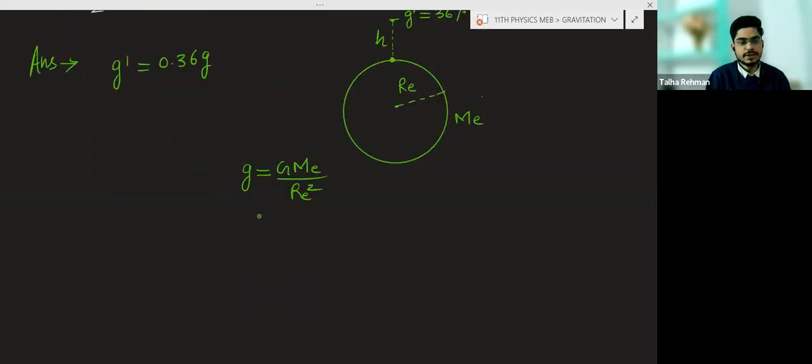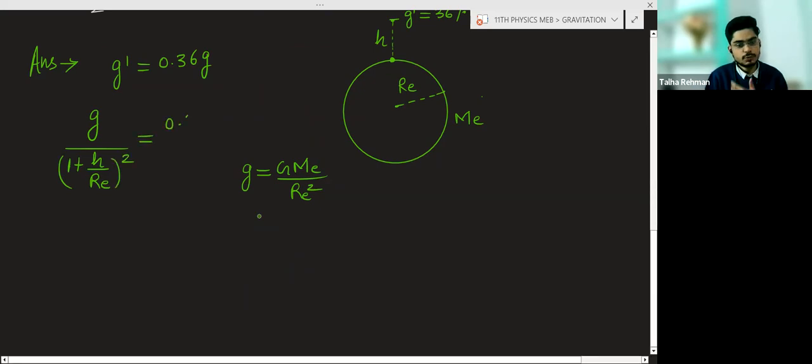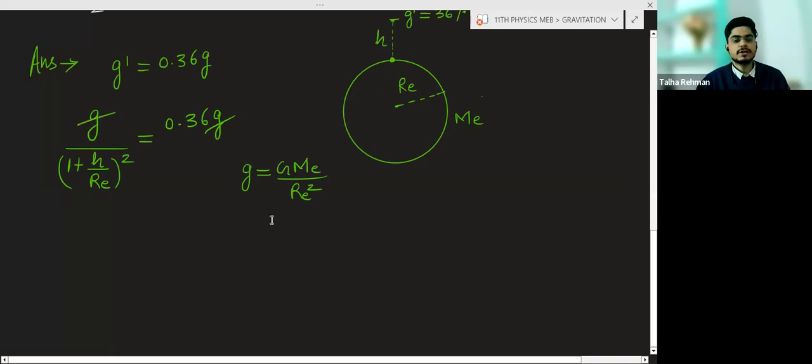So g dash can be written as g divided by (1 plus h by Re) whole square, and this is equal to 0.36 times g. From here, g and g will be cancelled out.